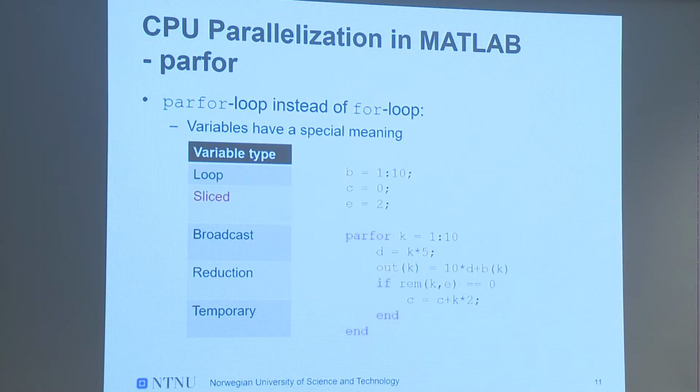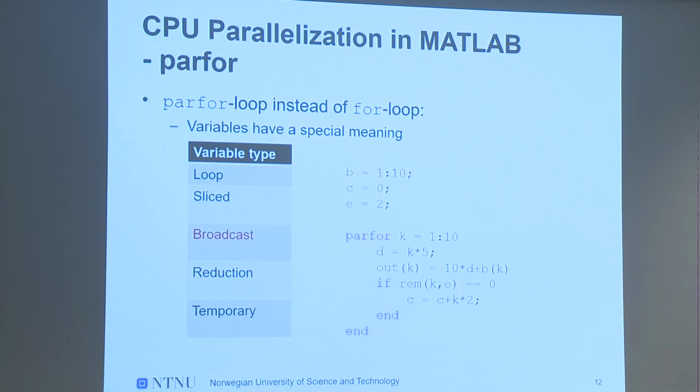The sliced variables are b and out, because here we access b(k) and out(k). Sliced variables can be cells or normal arrays, but it cannot be a cell or an array inside a structure. So there are some restrictions on what sliced variables can be.